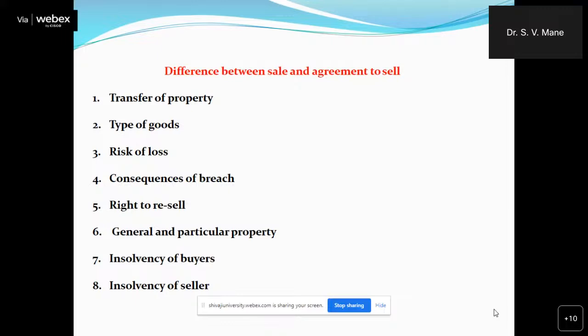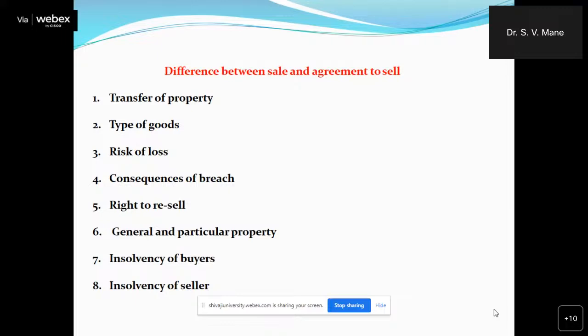Then eighth, insolvency of seller. In case of sale, if the seller becomes insolvent, the buyer being the owner is entitled to recover the goods from the official receiver or assignee.